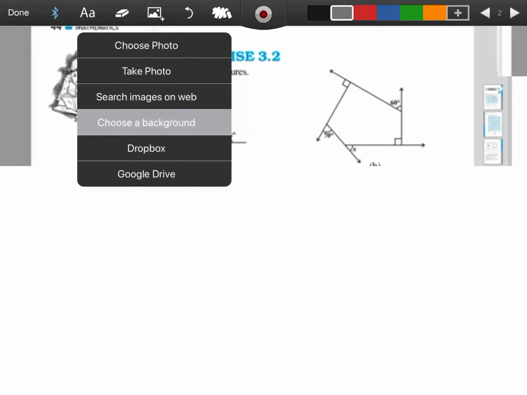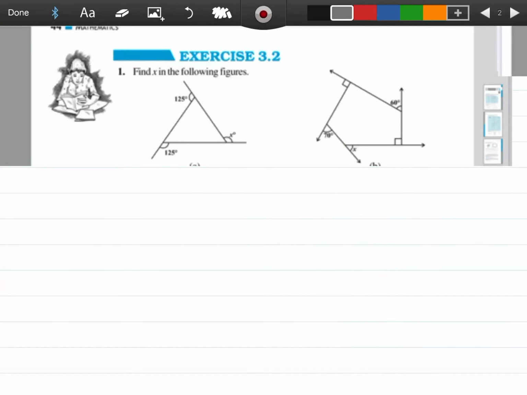Now let us move to the exercise. Find x in the following figure. Now you can see in the first figure, the exterior angles have been given to you.